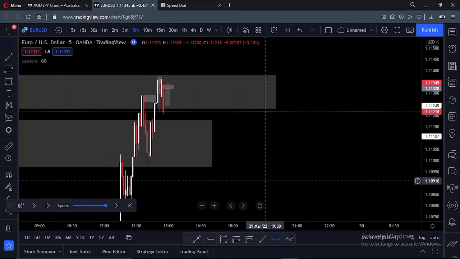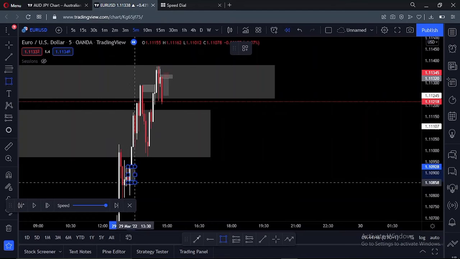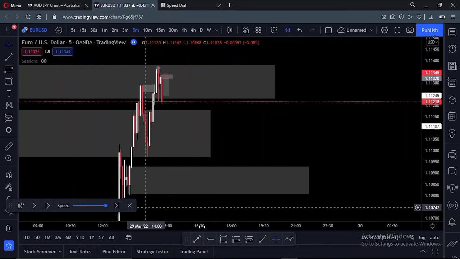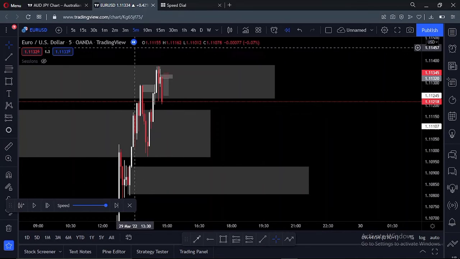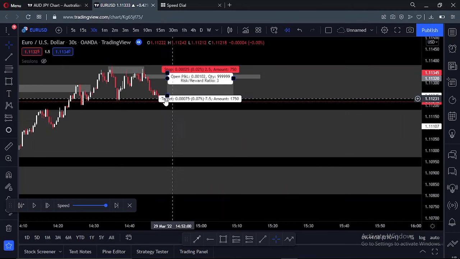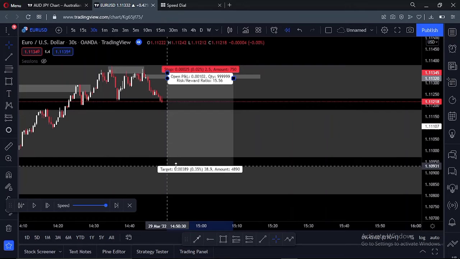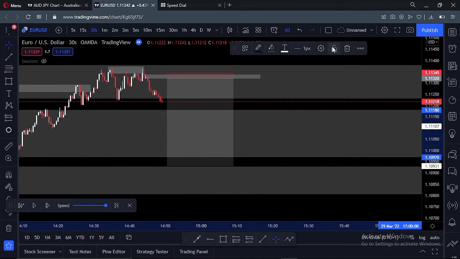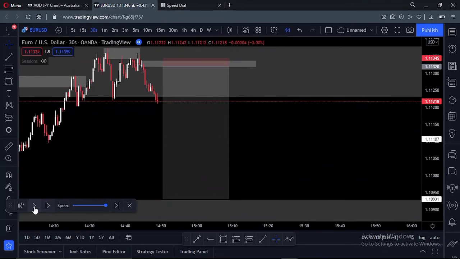Then I saw this area here, because this demand zone broke this structural point on the 5 minute time frame. It was a 1 to 15 trade, and price just played out.